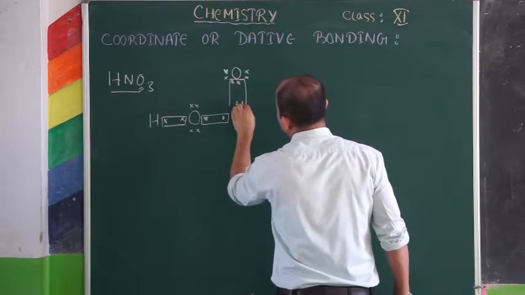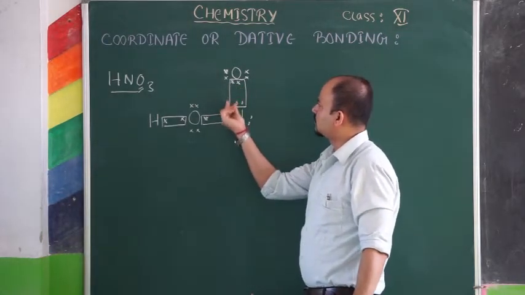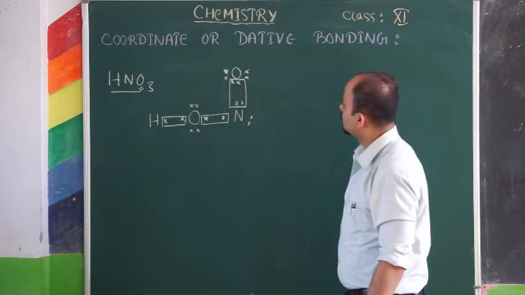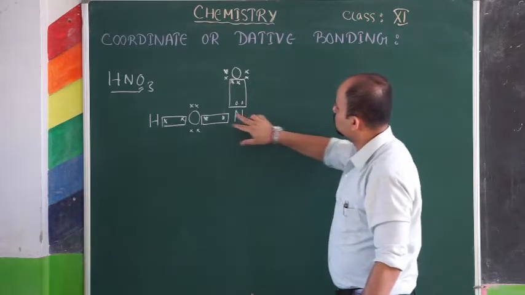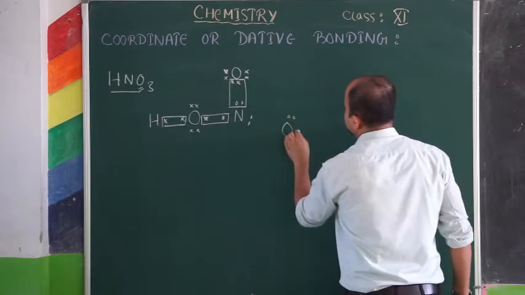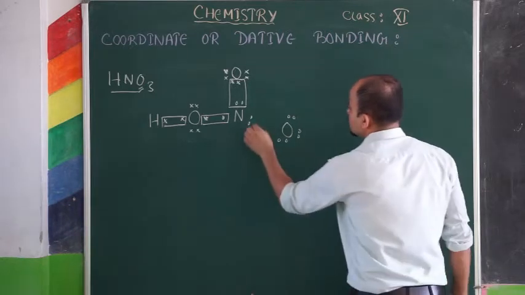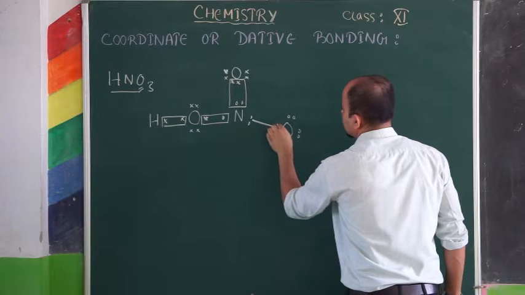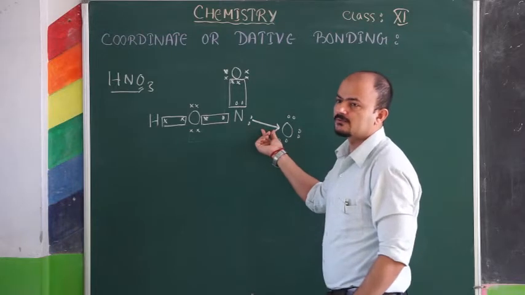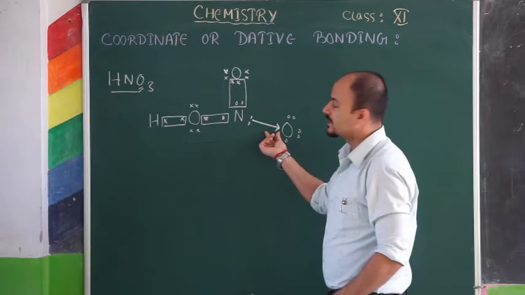Out of these 6 electrons, 2 will be involved in bond formation: one electron single bond, and this electron and this electron will form a double bond. Now we are left with one more oxygen atom. That oxygen too has 6 electrons in the valence shell. Now these 2 electrons over nitrogen will be involved in bond formation. Which bond formation? Here you can see the arrow. It will be involved in coordinate or dative bond formation.